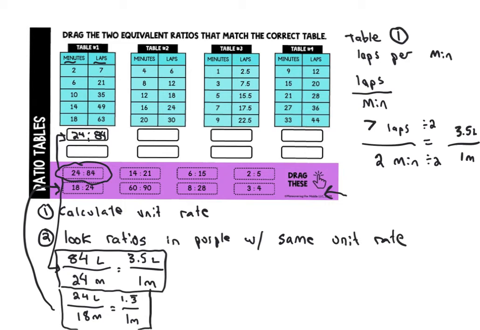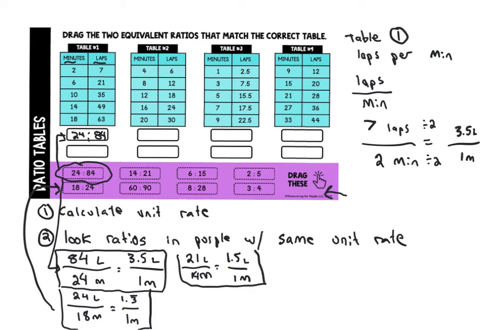And then I'm just going to go through all of these and calculate the unit rates. So I'm going to do that for all of them, all the ones in purple. So for the next one, 21 laps in 14 minutes. 21 divided by 14 is 1.5 laps per 1 minute.